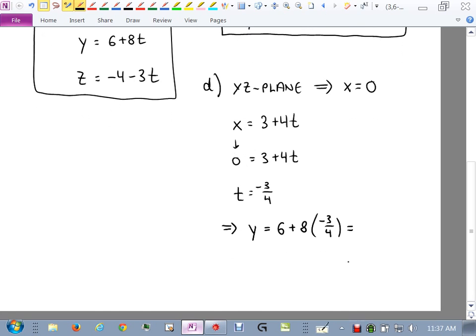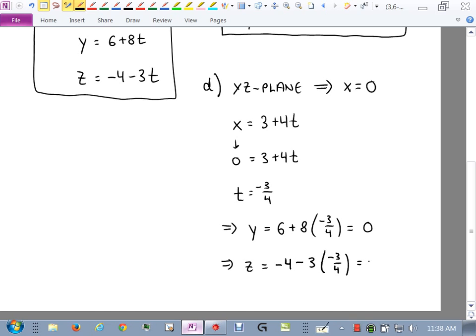So that's 6 minus 6, so that's 0. And then we also know that z must be what? Plug in negative 4 minus 3 times negative 3/4, right?